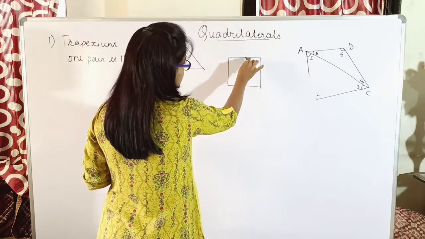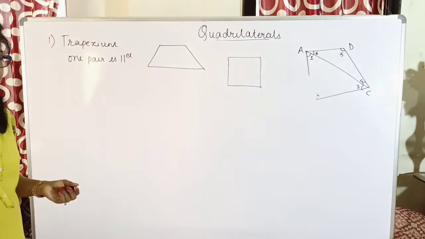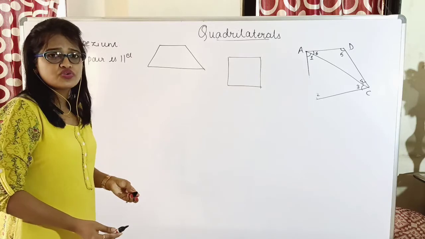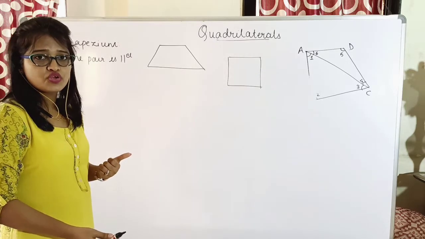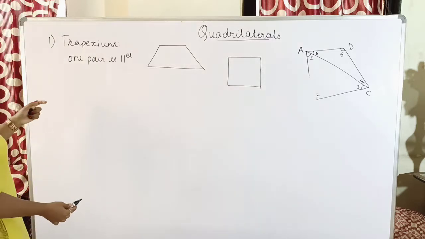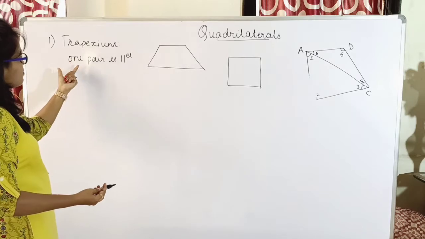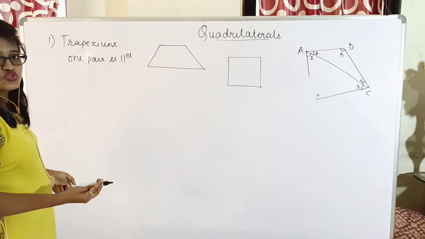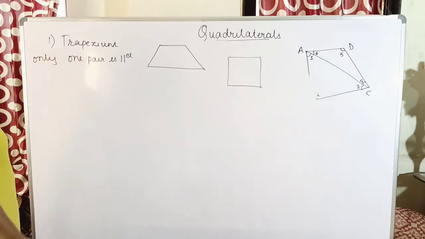In this case, this pair is parallel according to the definition, and if I didn't specify the condition, the other pair is also parallel. So is the figure a trapezium? No. So either you say only one pair is parallel, or you can say one pair has to be parallel and the other pair has to be non-parallel. Let me write it as only one pair has to be parallel.